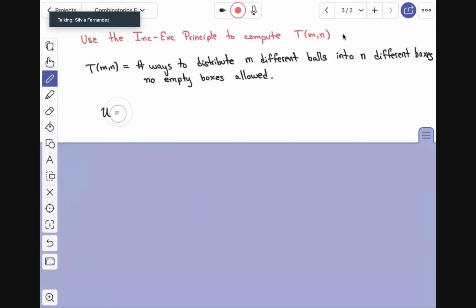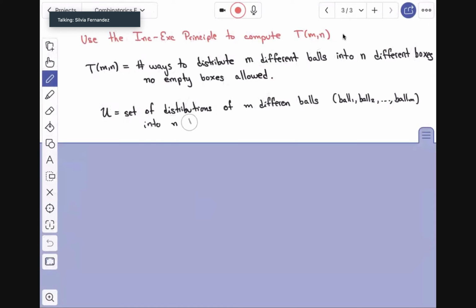So U is going to be the set of distributions of those m different balls, ball 1, ball 2, ball 3, and so on. So these are like specific m balls into n different boxes. And those are specific boxes, box 1, box 2, box 3, and so on.